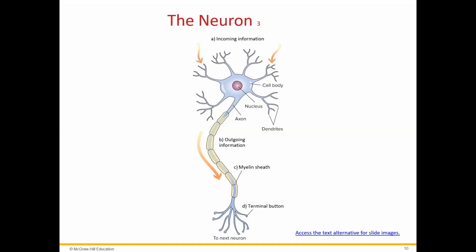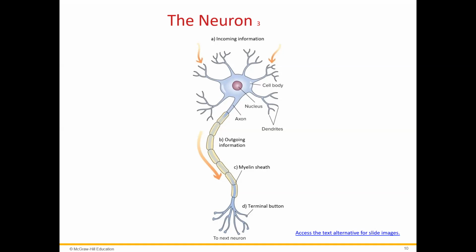When it releases neurotransmitters from these terminal buttons, other neurons will receive the neurotransmitter molecules on little receptor sites that are on their dendrites.